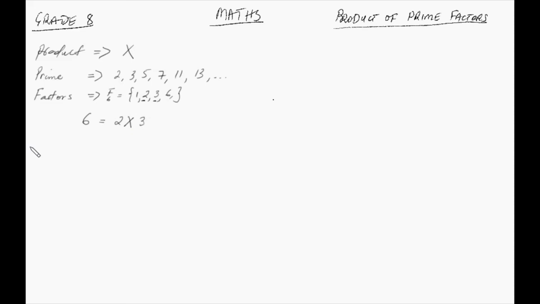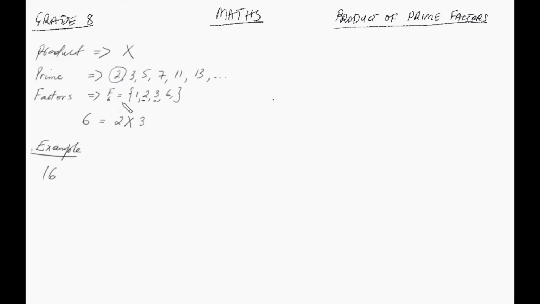Now let's take an example. Let's say you want to write 16 as a product of its prime factors. What do you do? The first prime number is 2. Always start with 2.